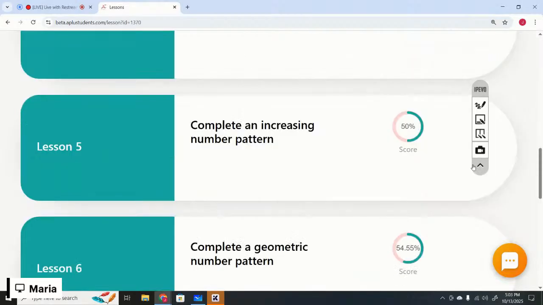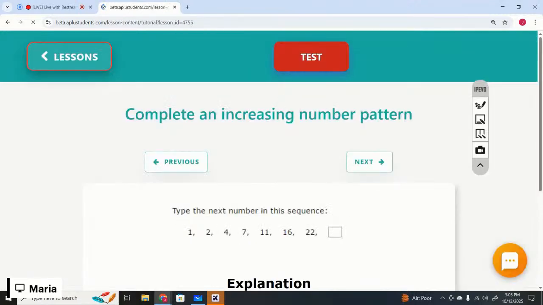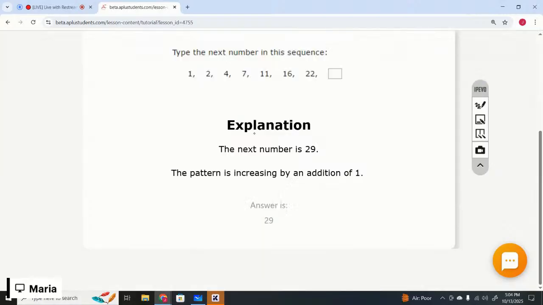Let's just start with the lesson. Type the next number in the sequence.